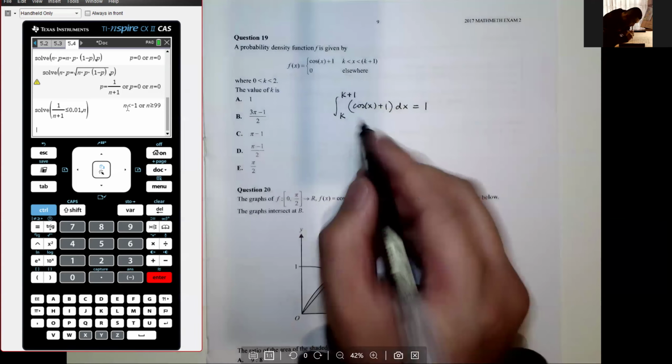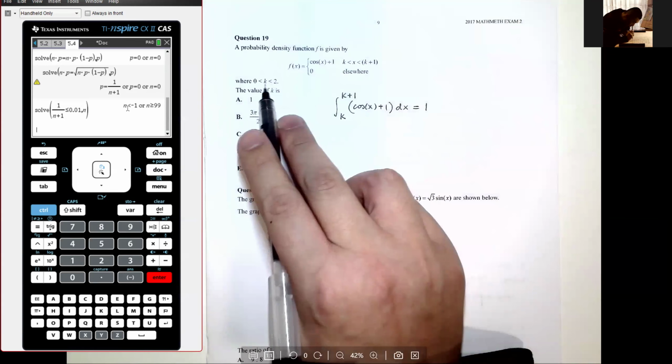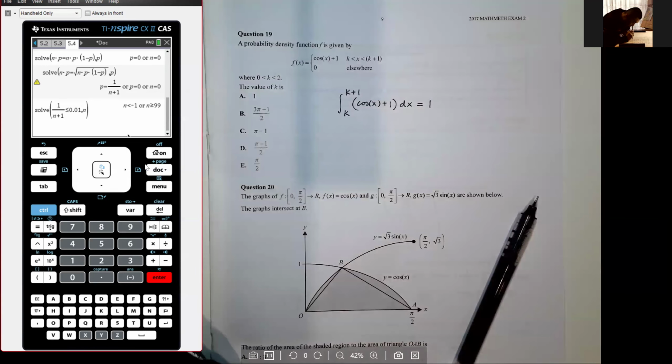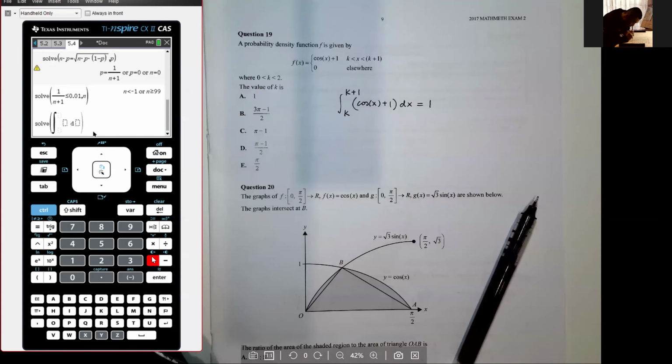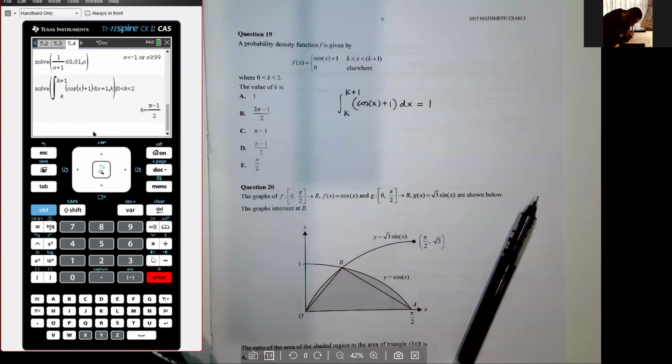And then we just need to solve that for k between 0 and 2, okay? So that is all we need. Like we solve the integral from k to k plus 1 of cosine x plus 1 dx equals 1 for k, given that 0 less than k less than 2.